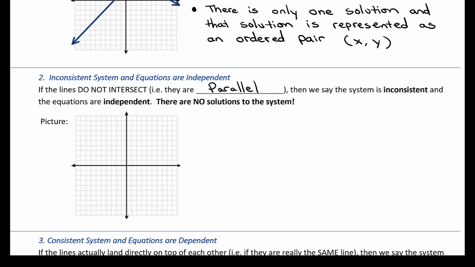Let's go ahead and draw a picture for this. So for our visual, we're going to draw two parallel lines. Parallel lines never intersect. Therefore, there is no solution.